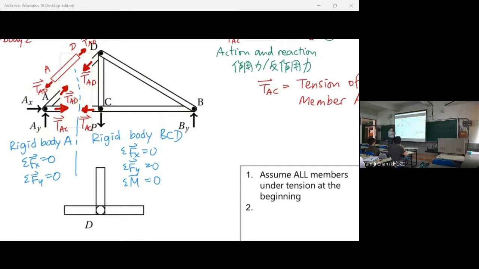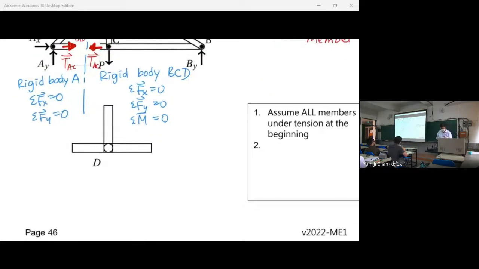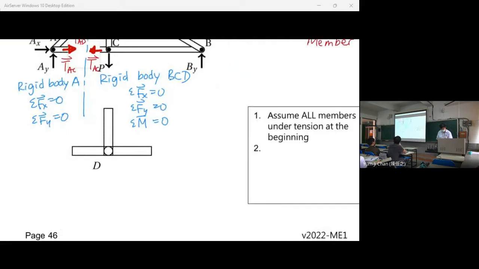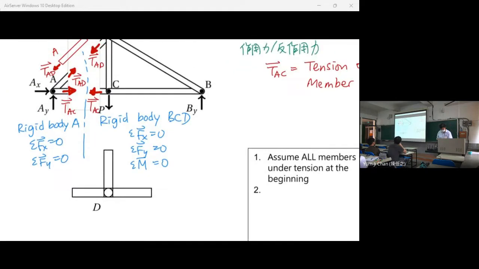How many unknowns do we have here on the left-hand side, on this rigid body? Ax and Ay are unknown from step 1.